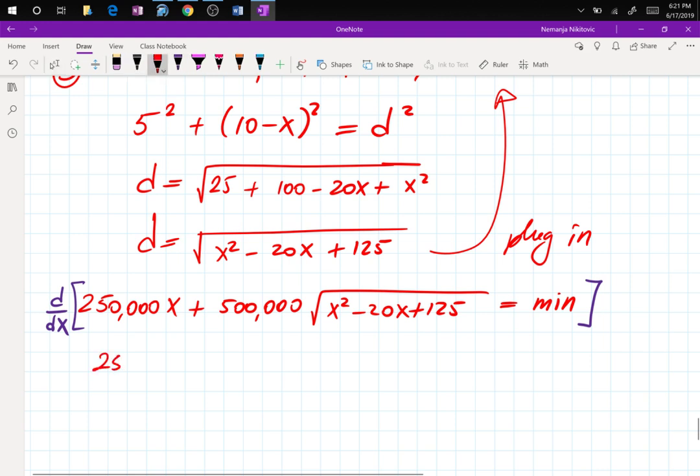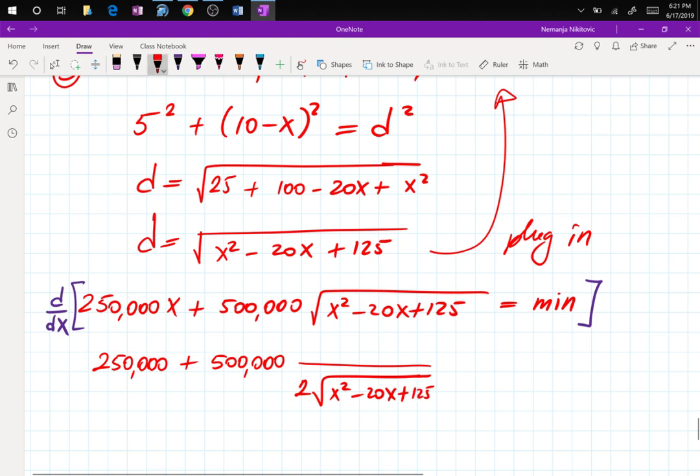So that's 250,000 x, derivative of x is 1, plus 500,000 times, and now you're differentiating the square root. If you remember the way to differentiate a square root, you put 2 times the same square root in the denominator, and then you put its derivative on top, which is 2x minus 20. All of this equal to 0.